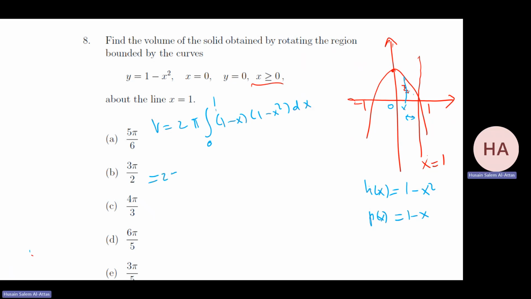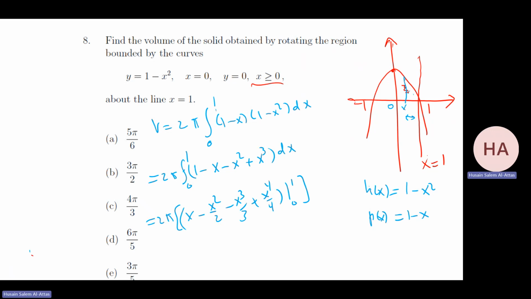I need to do the calculation. That will be 1 minus x squared plus x cubed dx. That gives me 2 pi times x minus x squared over 2 minus x cubed over 3 plus x to the power 4 over 4, from 0 to 1. That gives me 2 pi times 1 minus half minus 1 over 3 plus 1 over 4.